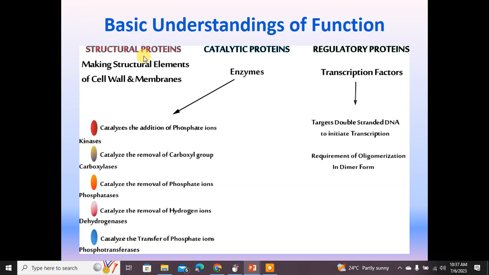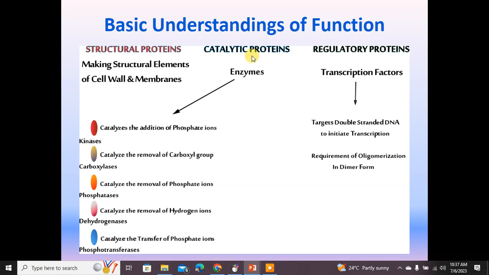The structural proteins: you have some structural proteins in your body, and they make structural elements in the cell wall and in the cell membrane, even in body parts like nails and hairs, and many other things. You can google it. Such proteins we call structural proteins.